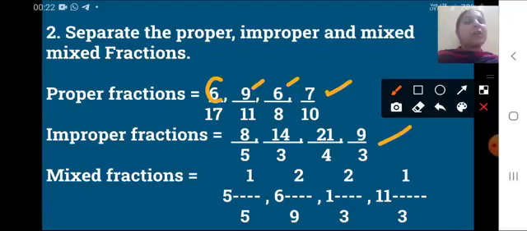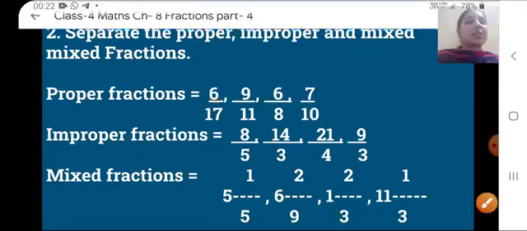They are made up of a whole number and a proper fraction. You can see here 5 whole 1 upon 5, 6 whole 2 upon 9, 1 whole 2 upon 3 and 11 whole 1 upon 3. So these are mixed fractions.